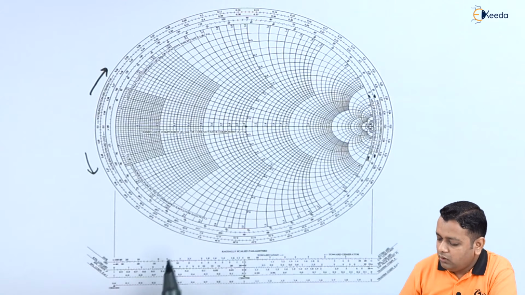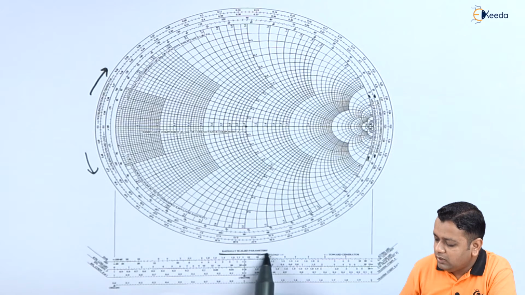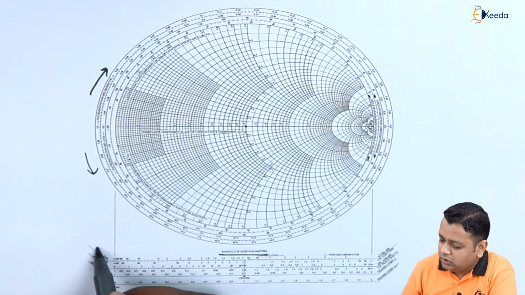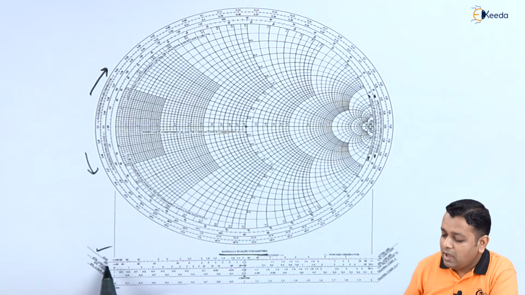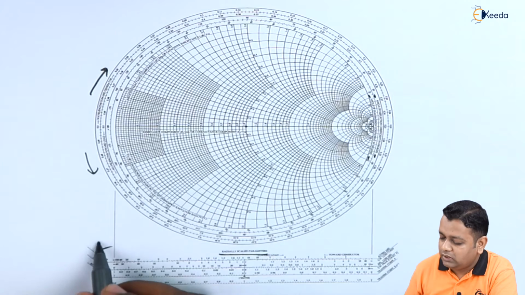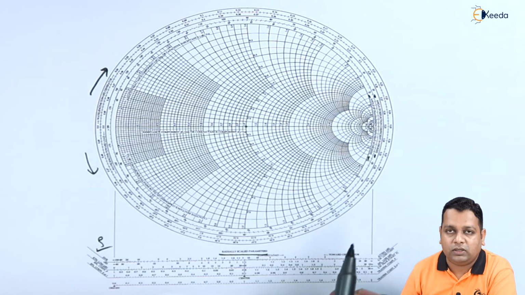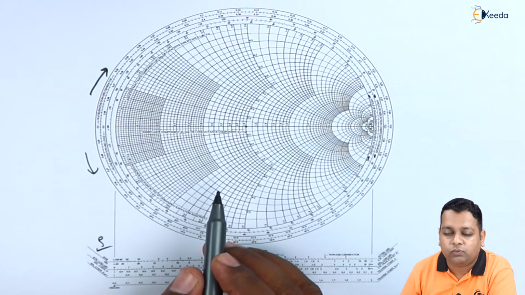Along with these we have the radially scaled parameters, with the directions towards the load and towards the generator, whereas the center is marked here. We can also have information for some more parameters of the transmission line, like the SWR, the standing wave ratio, that we usually represent by the symbol rho. The attenuation can also be measured in terms of decibels with the help of the Smith chart. So this is the Smith chart, very helpful to us.